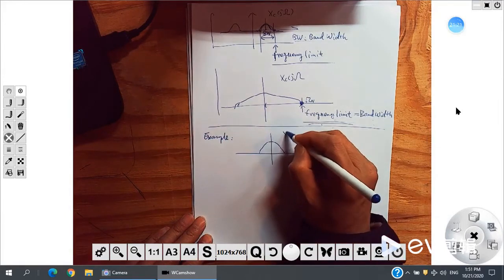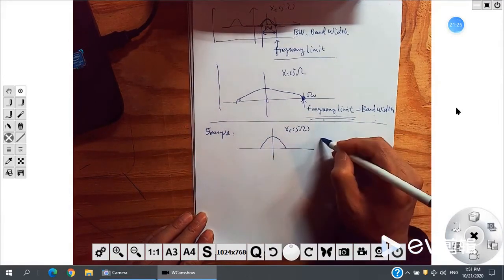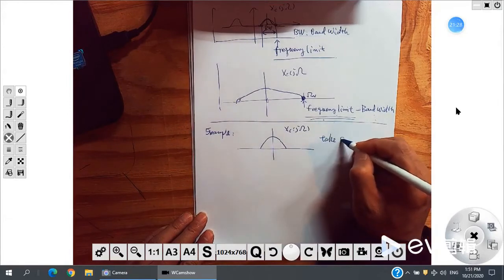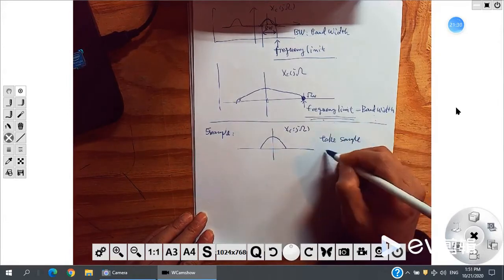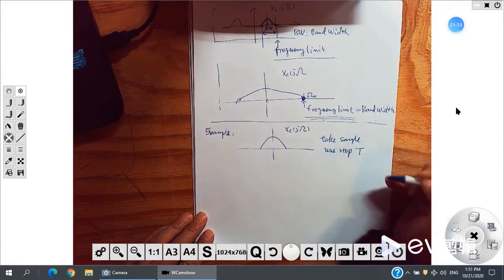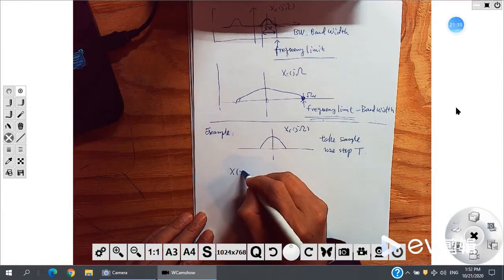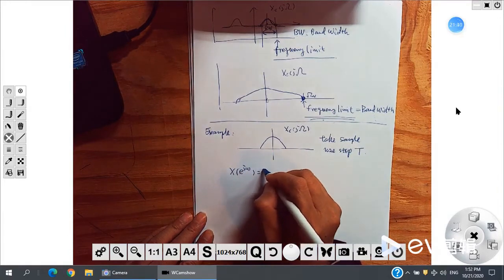This is the XC of j omega. Now we take samples with step T. We want to sketch what X of e to the j omega looks like.